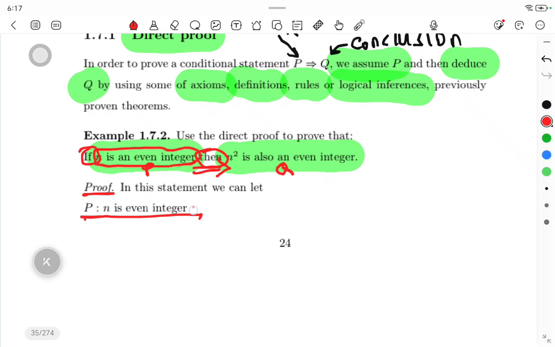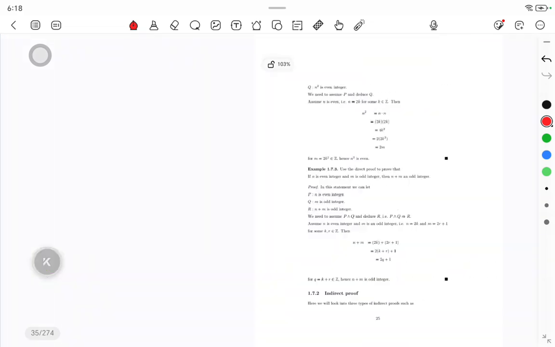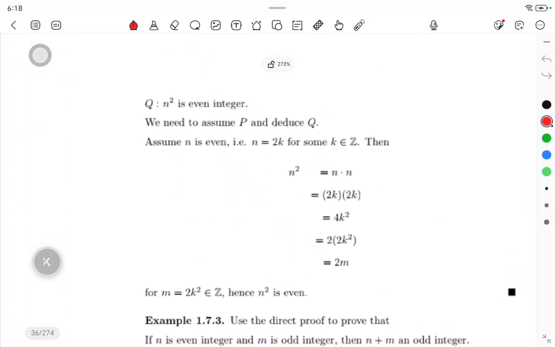Then Q, you're going to put n squared is an even integer. We don't need the word also, we know that n squared is an even integer. So you don't write things like also. So let's see what we do from there.